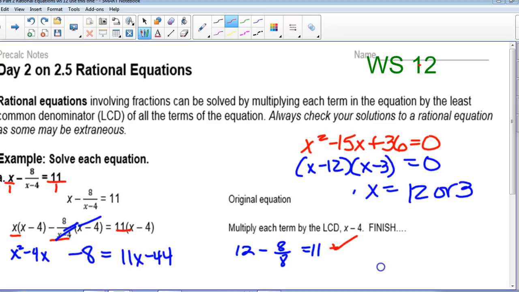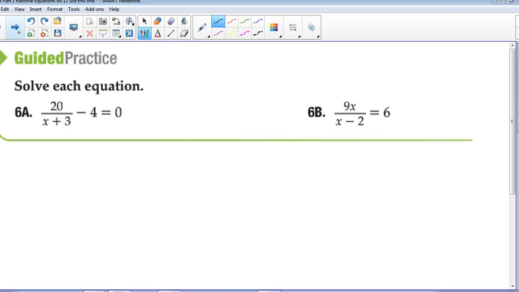Okay, then if we put in the 3, we'd have 3 minus 8 over negative 1 equals 11. Well, minus 8 over negative 1 would be plus, so it would be 8 plus 3 is 11. Okay, that was painful. Let's not.